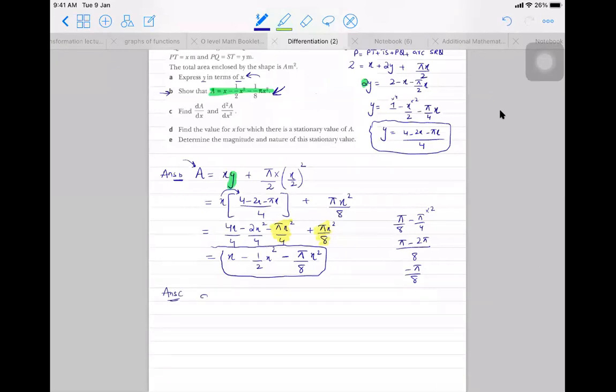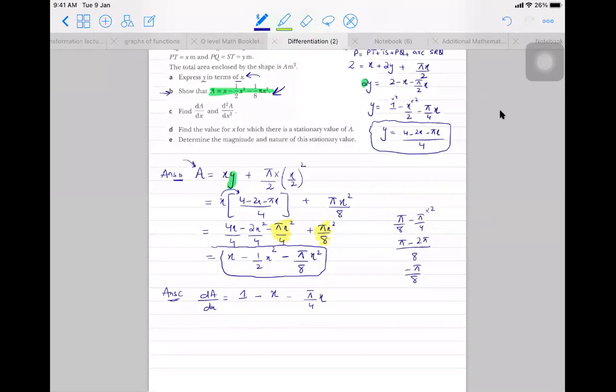dA by dx is going to be, differentiation of x is 1. Half times 2 is going to be 1. x minus 2 pi upon 8 is simply going to be pi upon 4 x.